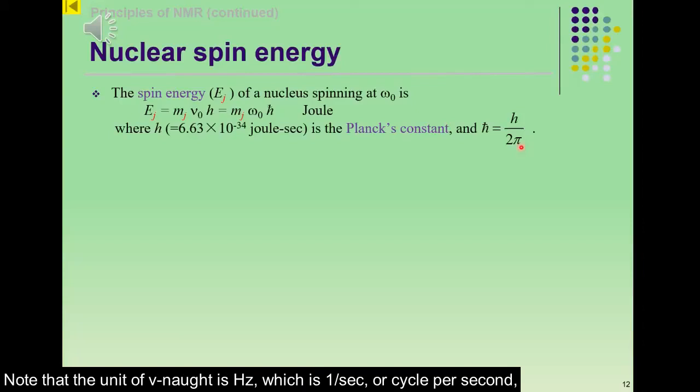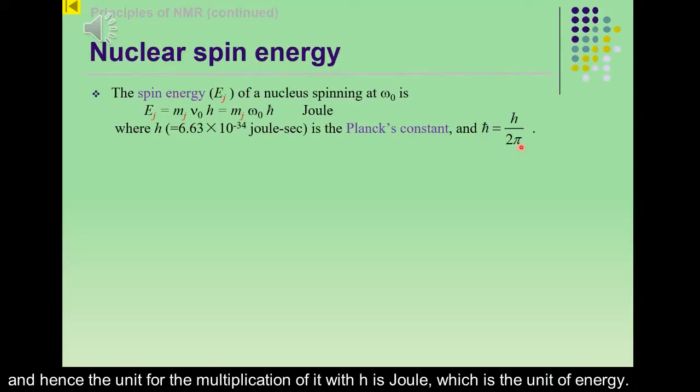Note that the unit of V0 is Hertz, which is 1 over the time second, or cycles per second. And hence the unit for the multiplication of it with H is joule, which is the unit of energy.